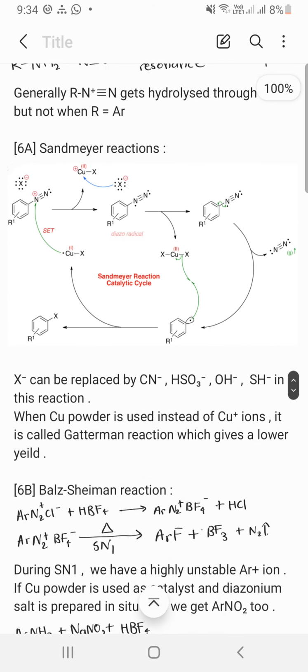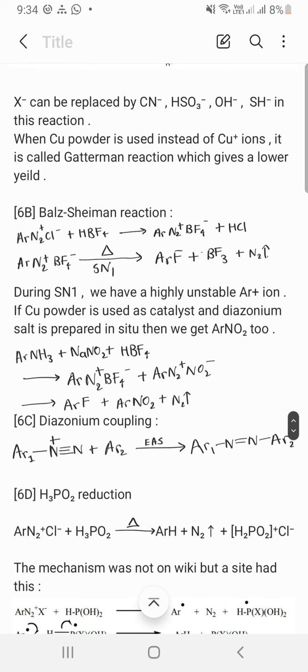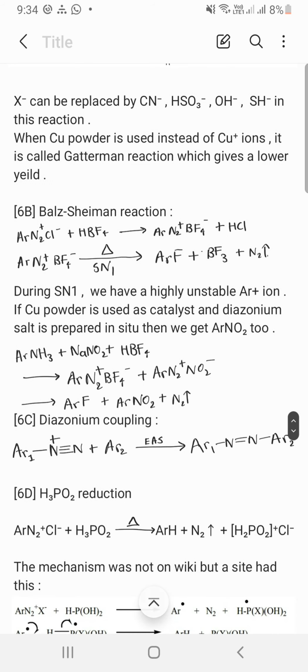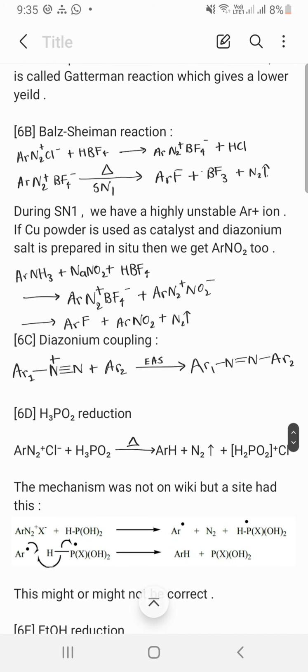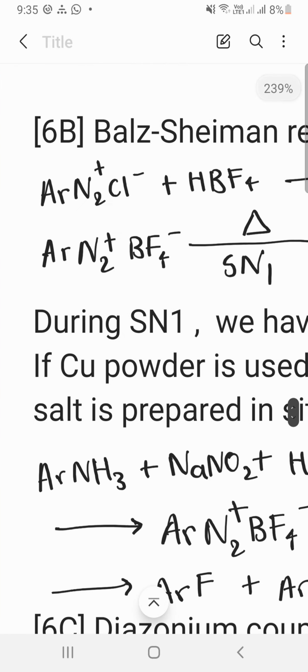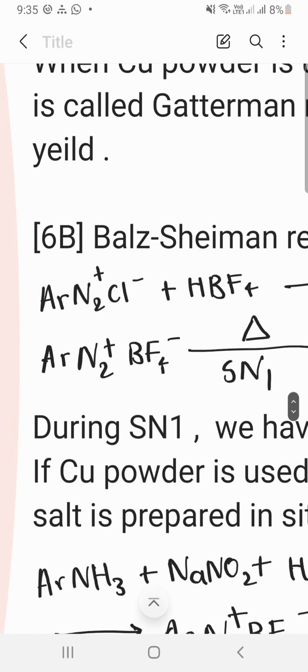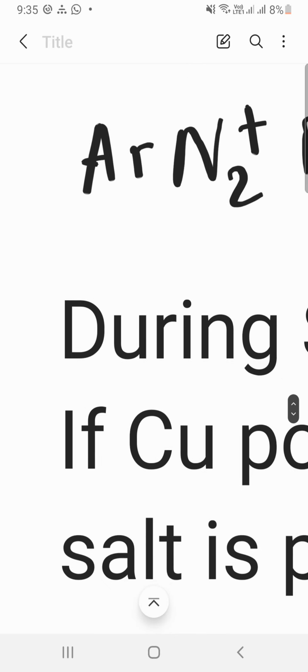Diazonium salt. Okay, I'm not gonna do this. Okay, Balz-Schiemann reaction. These are complicated because the mechanism is not known. So all you need to know is that whatever negative anion this is, it will just add to Ar plus.